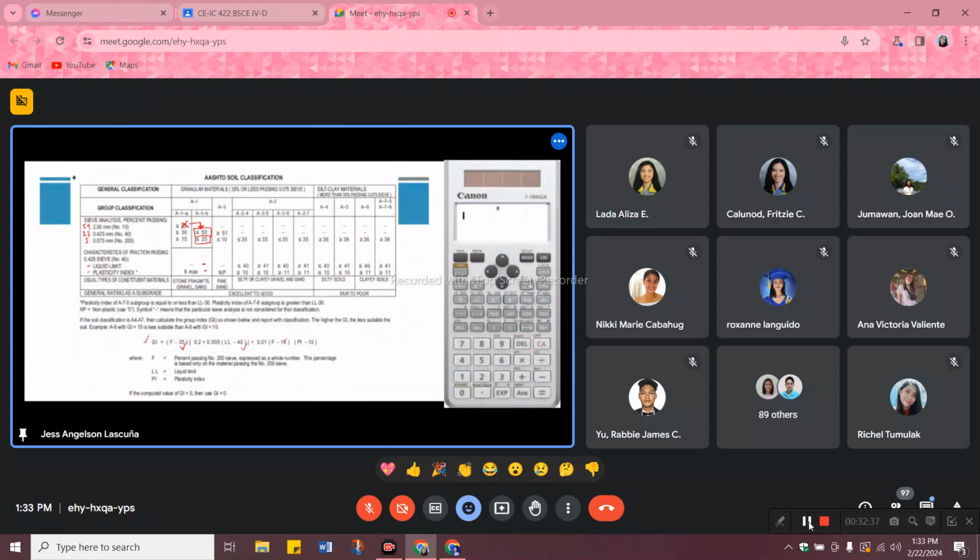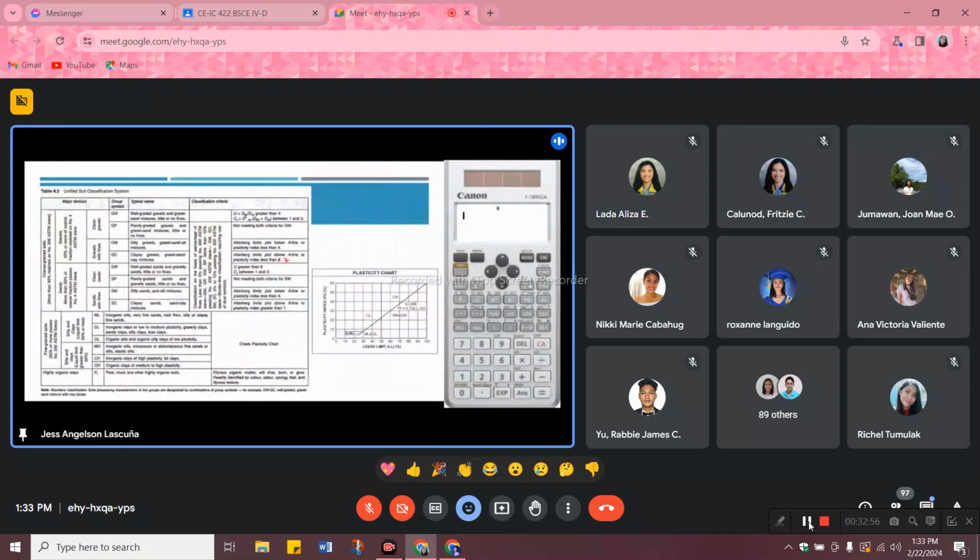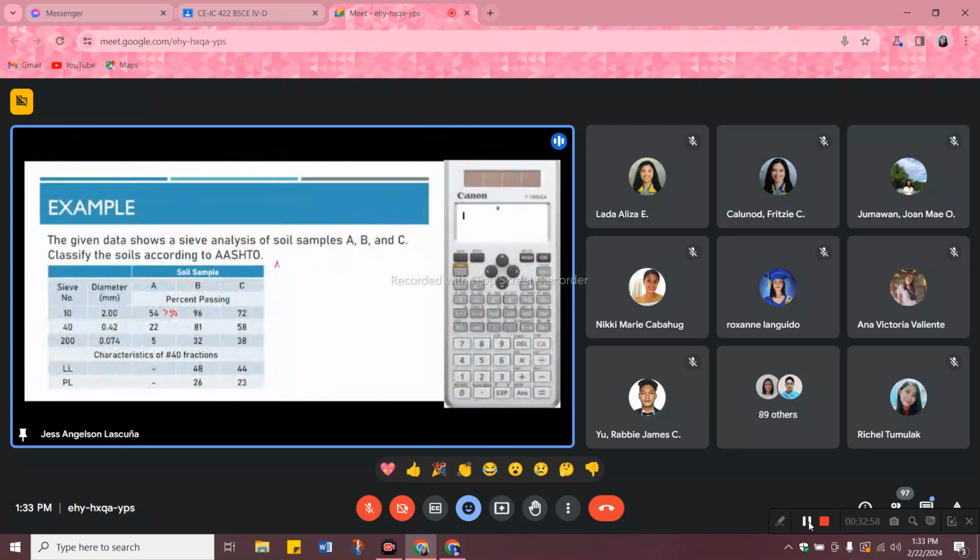So meaning, ang atong type of soil dire is ang atong usual type sa kaning material are stone fragments, gravel, or sand. And so this is under A1B. Ang atong soil A is under A1B.